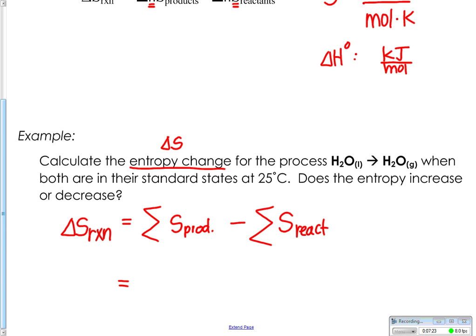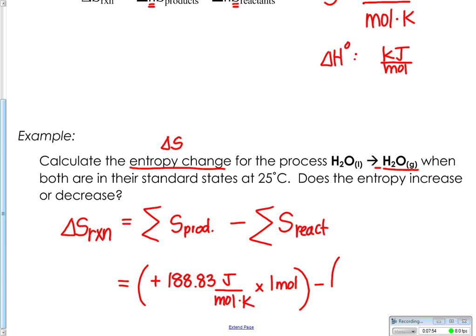Some of you might remember that with delta H. But I'm going to look up the value for H2O gas in Appendix C. And if you're looking this up, water is listed under oxygen. So the value for the water in the gas state is a positive 188.83 joules per mole K. And since there's only 1 mole of water formed, I'm going to multiply that by 1 mole.